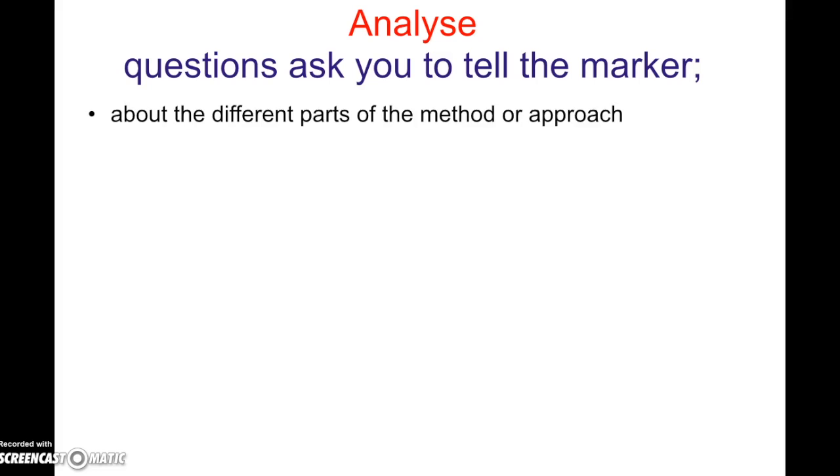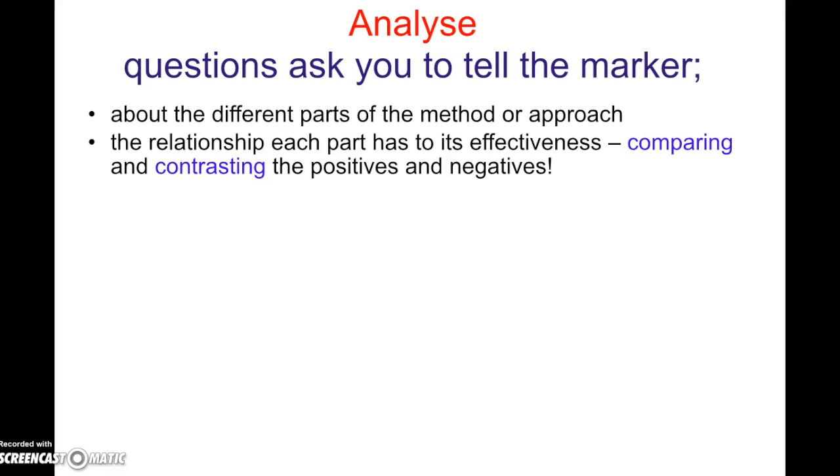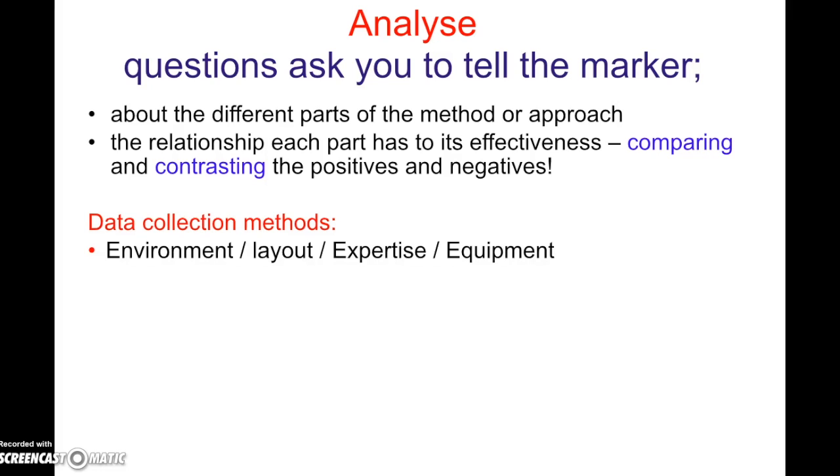Analyse questions need to be broken down into parts for closer study. You need to highlight the strengths or weaknesses of the thing being analysed. When analysing methods of data collection, monitoring or evaluating, think about whether the data is quantitative, so objective data which is numerical in nature, or qualitative, more subjective data that tries to explain the differences or causes of something using opinion.